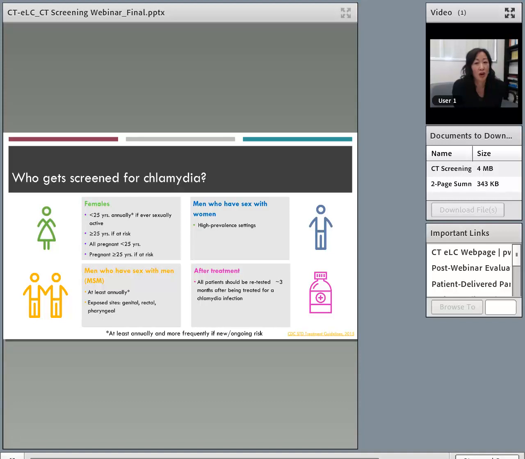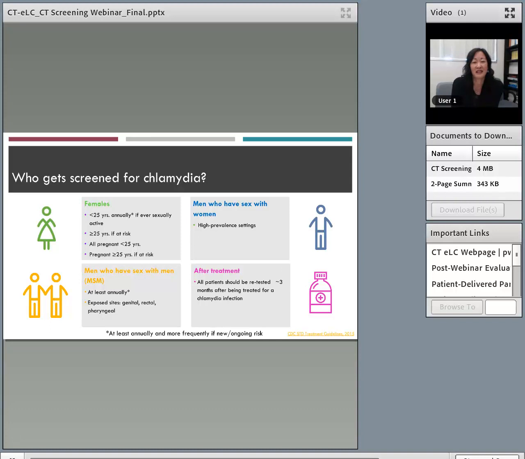For men who have sex with men, regardless of age, chlamydia screening is recommended at least annually, and the sites recommended are basically all sites of exposure, so genital, rectal, and pharyngeal. There wasn't a pharyngeal chlamydia screening recommendation in the past, but there is likely going to be in the future.